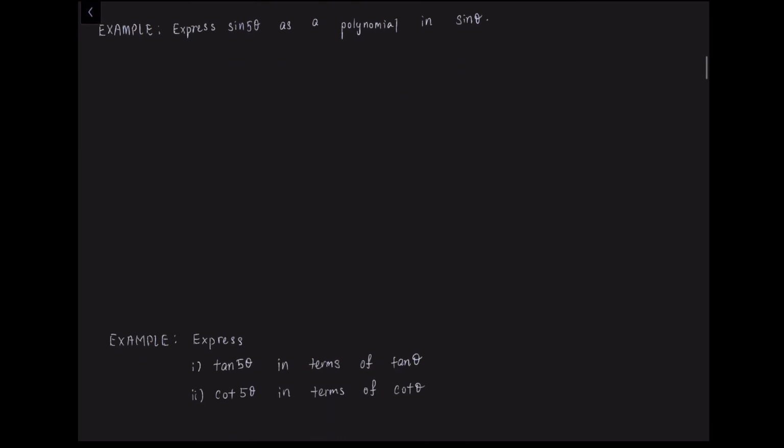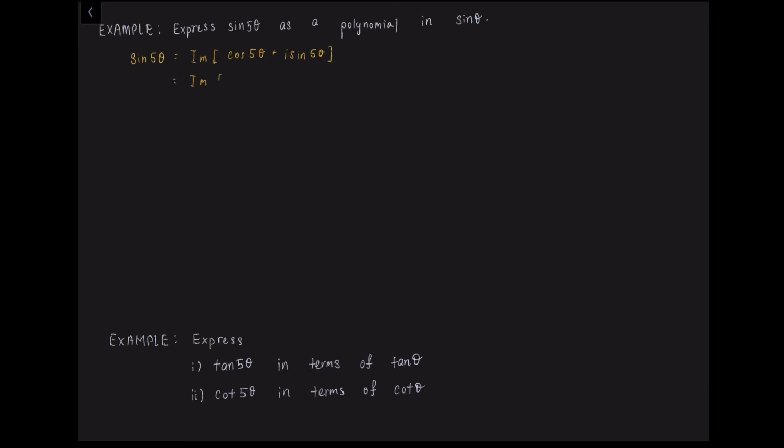The next example wants us to express sine 5 theta as a polynomial in sine theta. So we first express it in terms of cos theta plus i sine theta, and we want it to be imaginary. So the imaginary part of cos 5 theta plus i sine 5 theta is sine 5 theta.